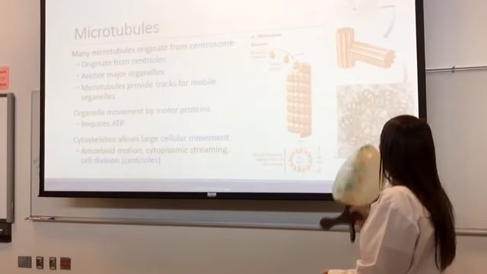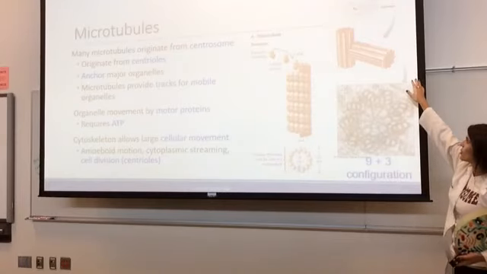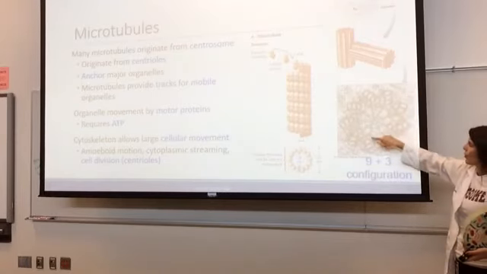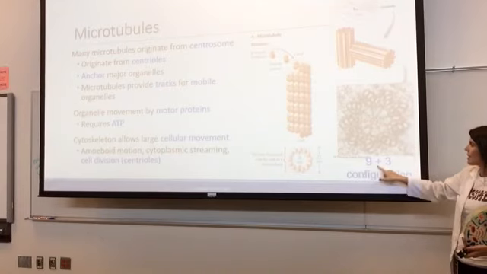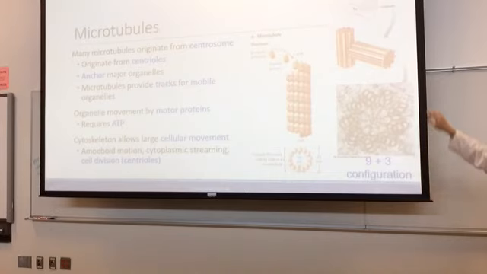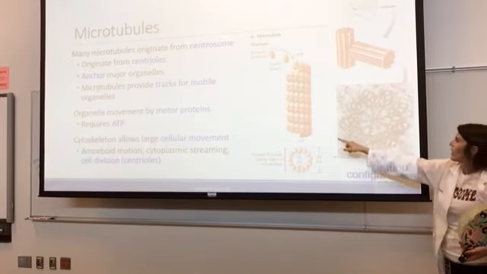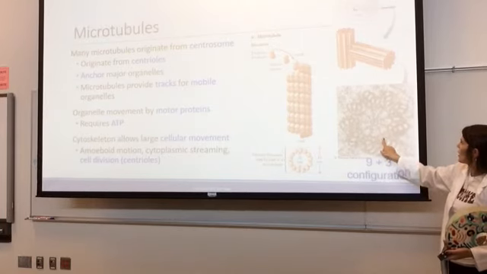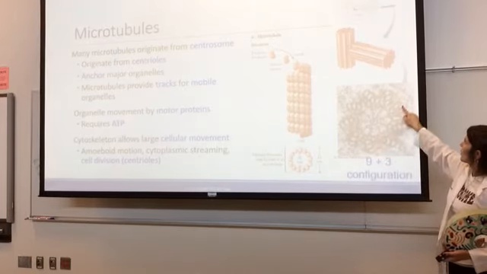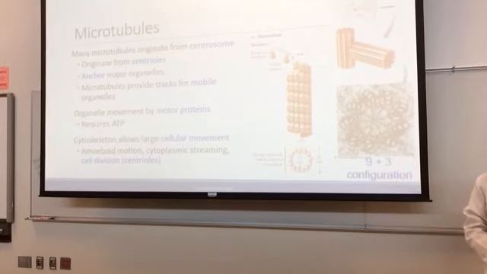Okay? On this slide right here, it shows the centrioles, and then it shows a photomicrograph, and it says a 9-3 configuration. When you look at this and its organization, it's showing you that it has 3 microtubules here, 3 here, and so what do you think the 9-3 configuration means?